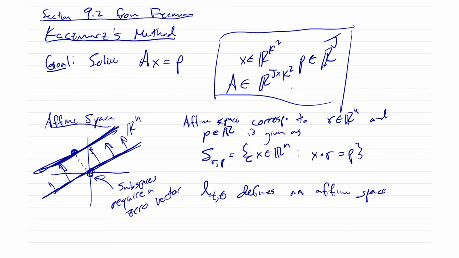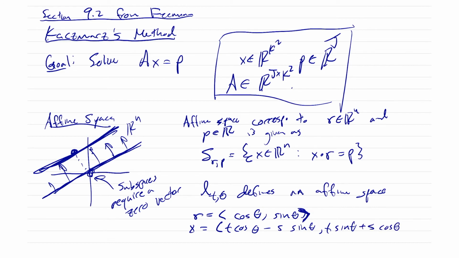And so basically what we're going to do is replace r with (cos θ, sin θ), and then we also set x equal to (t cos θ − s sin θ, t sin θ + s cos θ), for some parameter s.